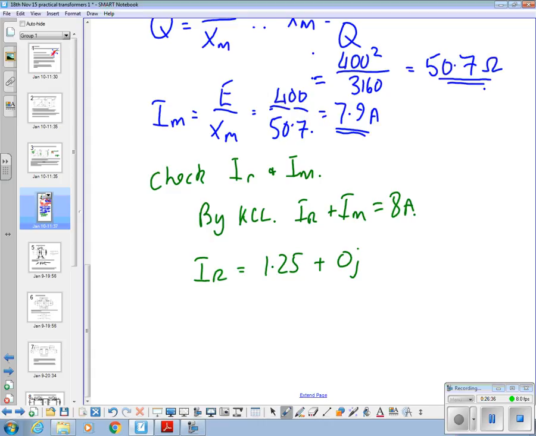Remember, IM is a purely reactive current, so it must be 0 minus 7.9j amps. Those two added together give us an IO of 1.25 minus 7.9j. And then if we convert that to polar, what do we get?